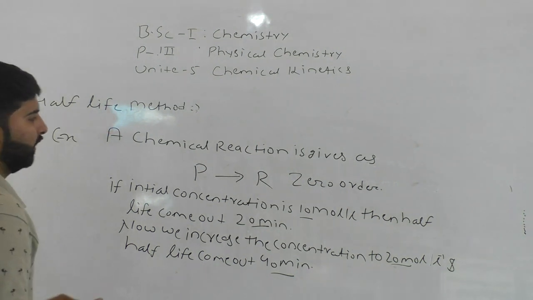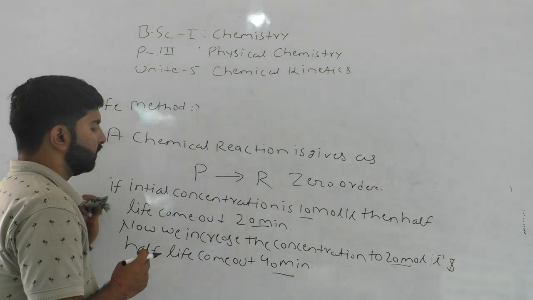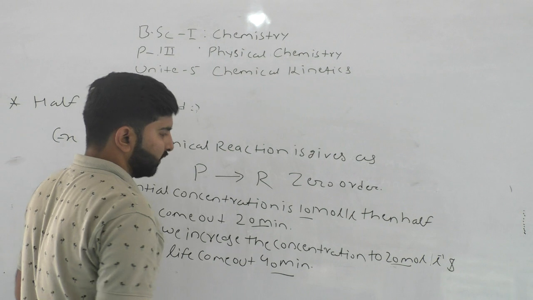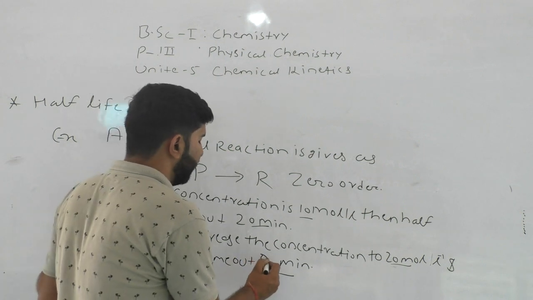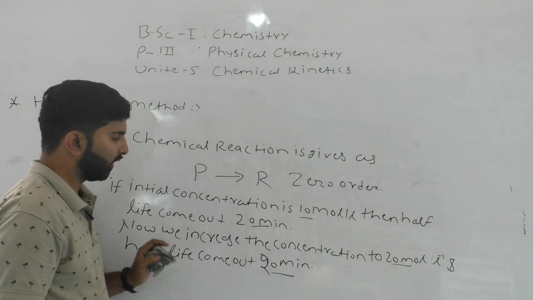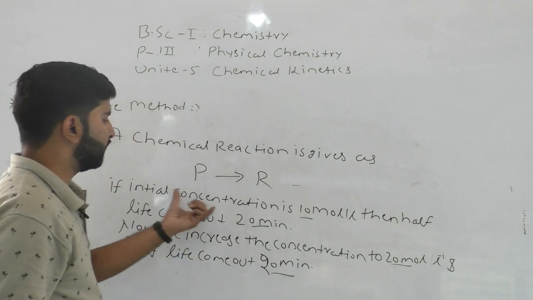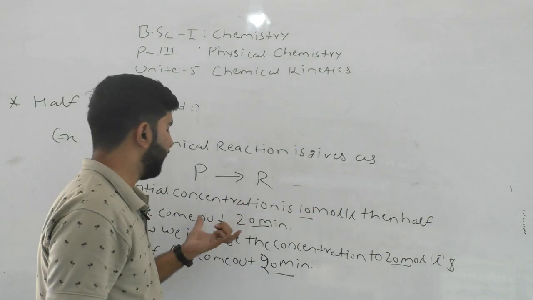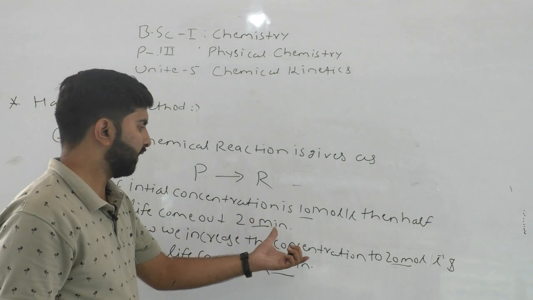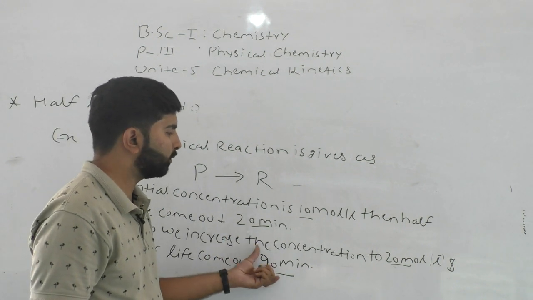In this example, now we increase the concentration and the half life comes out the same as the previously calculated half life. Means if the initial concentration is 10 mole per liter, then the half life comes out 20. Now we increase the concentration to 20, and again the half life comes out equal to 20.